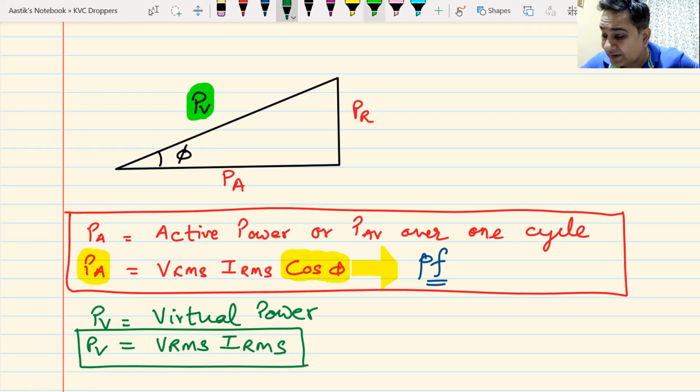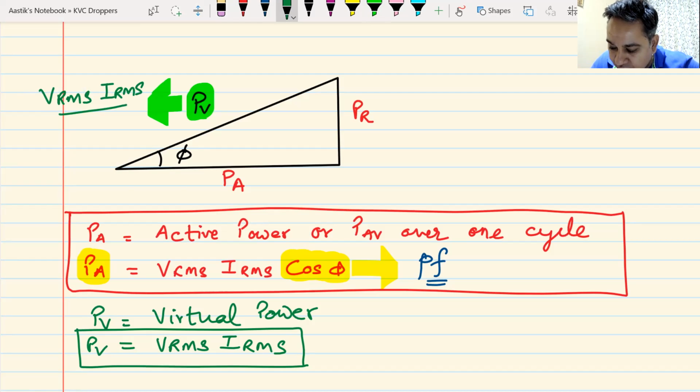I hope I am making sense. Even if I am talking nonsense, you just write it down. This is VRMS multiplied by IRMS. Don't forget this.